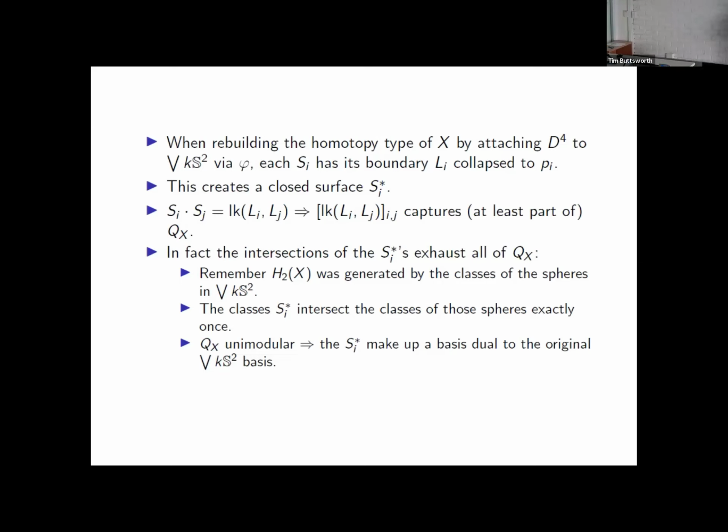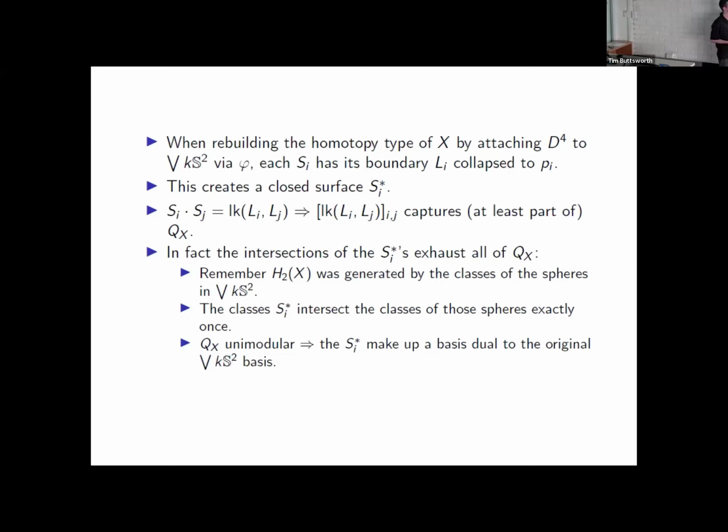So for S2i, Si intersects that sphere exactly once. And the fact that my intersection form is unimodular, or invertible over Z, then implies that those Si give me a dual basis. And again, how can you see this?